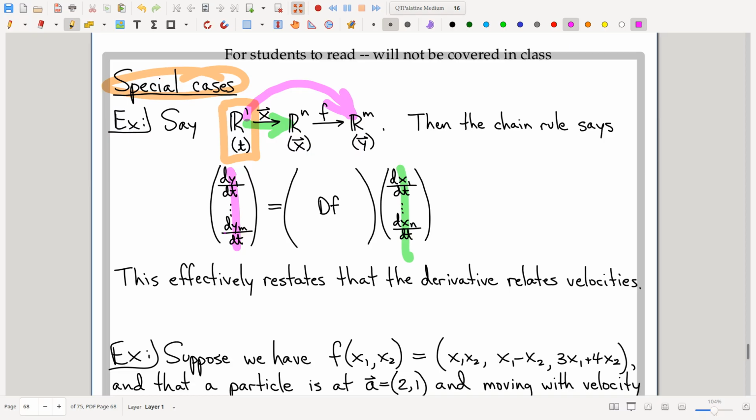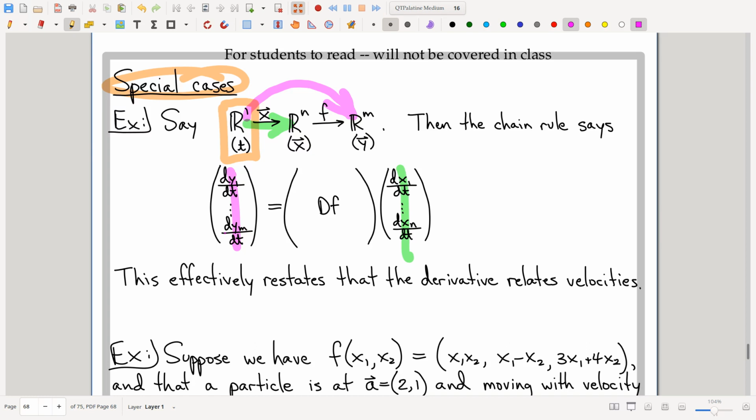By the way, notice further, these two functions, the green and the purple. The green one gives position in Rn as a function of time. That's a parametric curve. Derivatives of parametric curves we know are velocities. So this is literally the velocity vector in Rn.